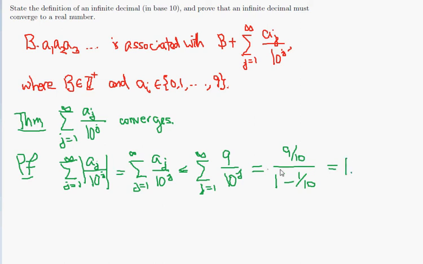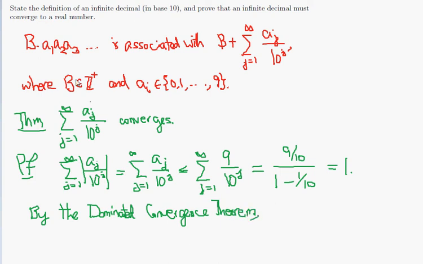So this series is less than or equal to another series that converges. So by the dominated convergence theorem from calculus 2, or more technically from real analysis 2, this series converges.